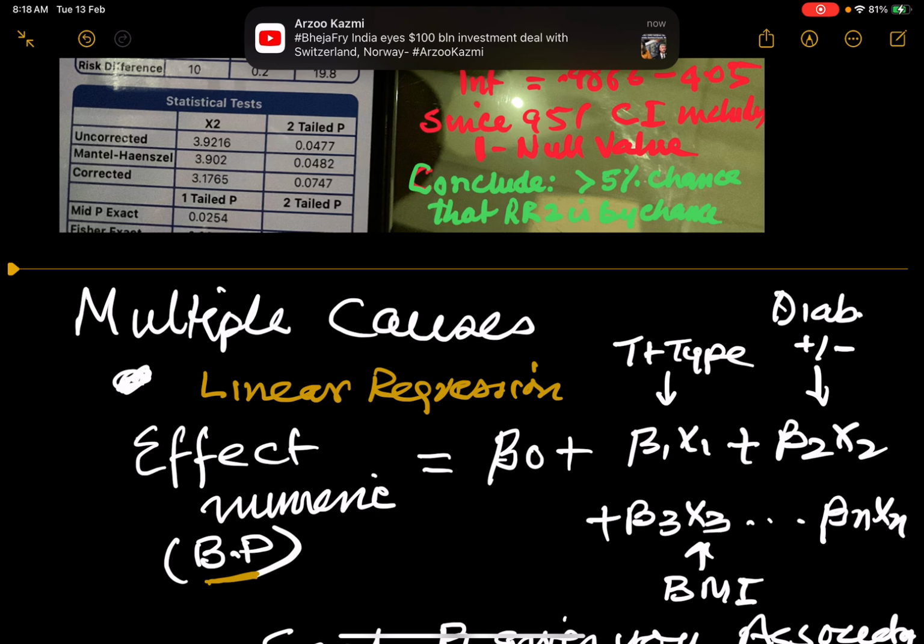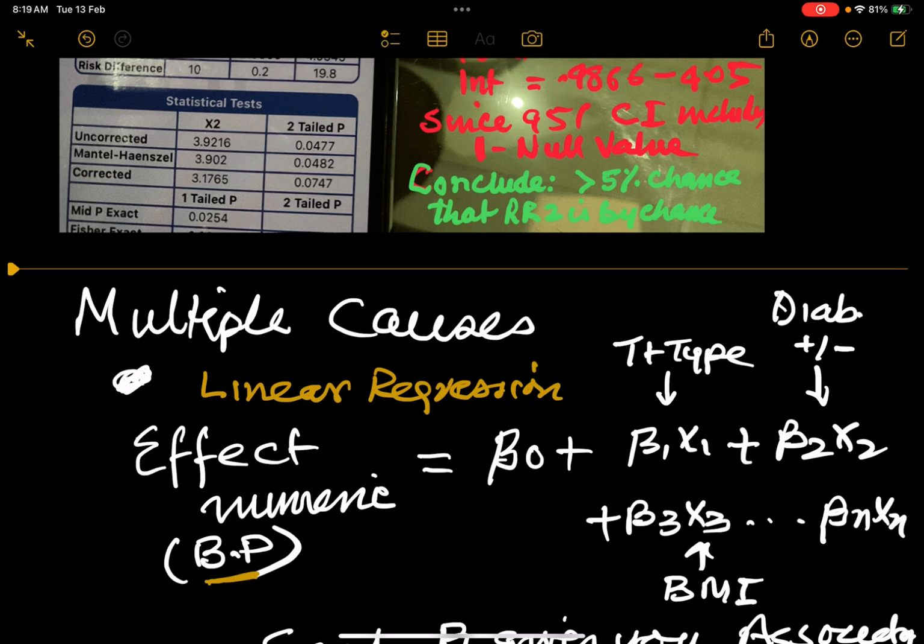So we have data on diabetes, BMI, and so what we do, we take a linear regression, find out the difference of the improvement in the blood pressure, which will be in numbers, and then we put it into linear regression. This is the dependent variable or the determined variable, and these are the determining variables.